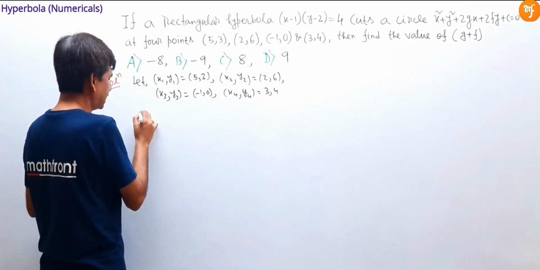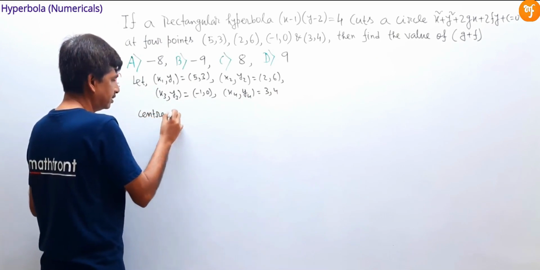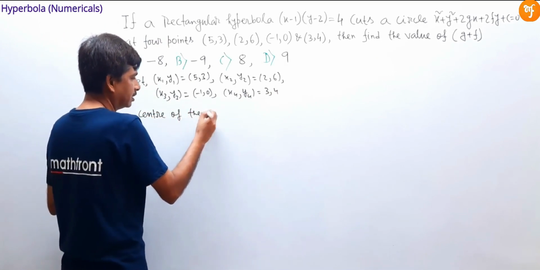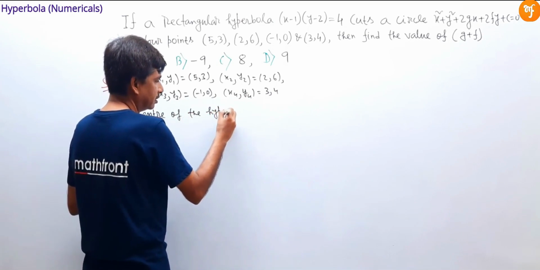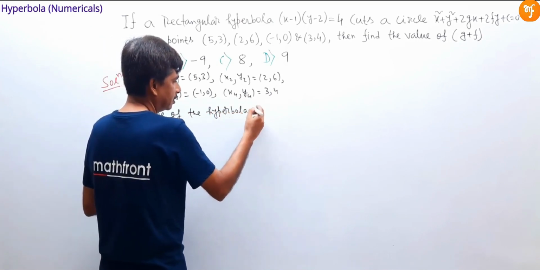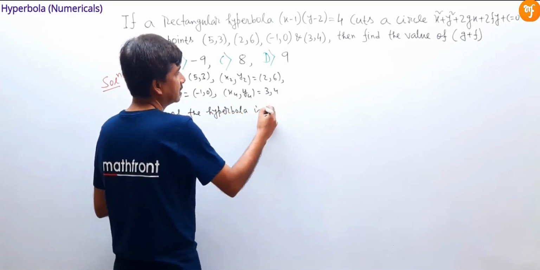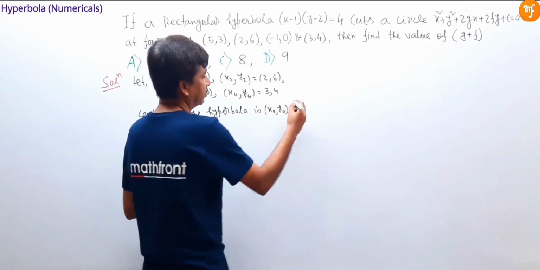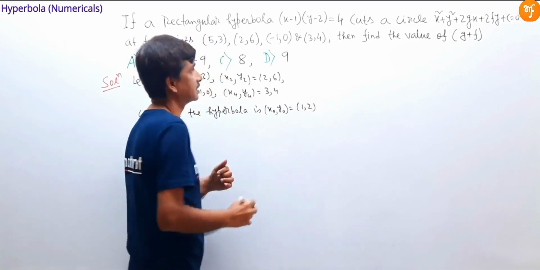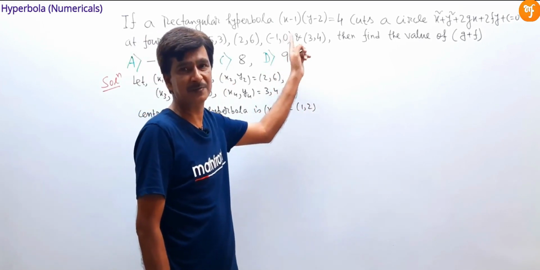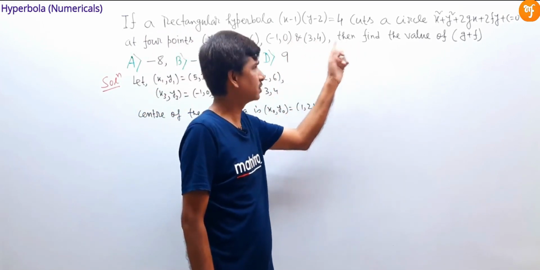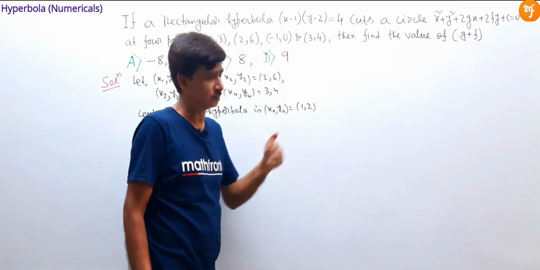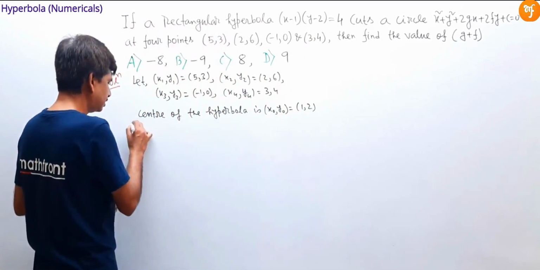Now the center of the hyperbola is (x0, y0). We can say this is equal to (1, 2) as the hyperbola is given as (x minus 1)(y minus 2) is equal to 4. So clearly the center is at (1, 2).